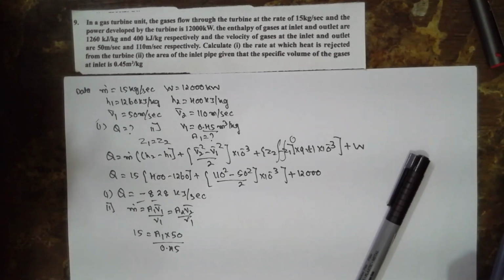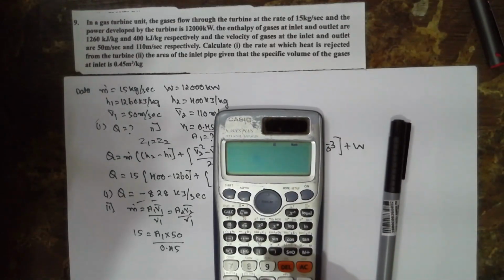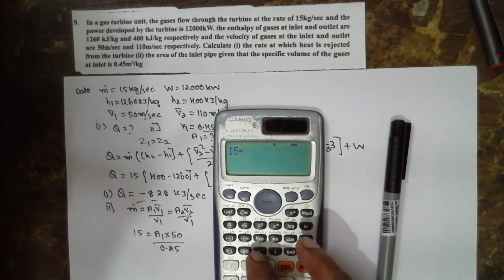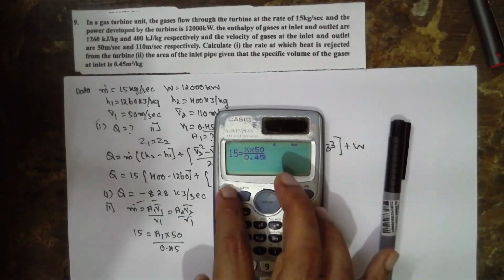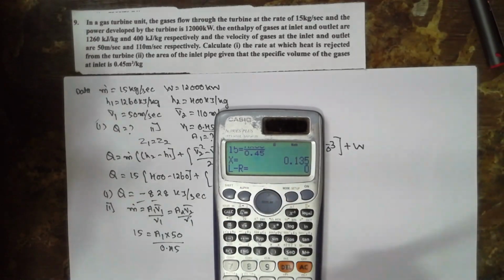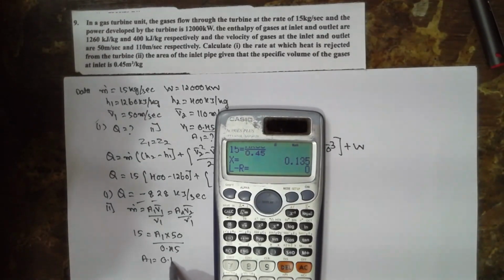Now use the calculator for finding the A value. 15 alpha is equal to alpha X into 50 divided by 0.45. Shift solve, A1 value is 0.135 meter square.